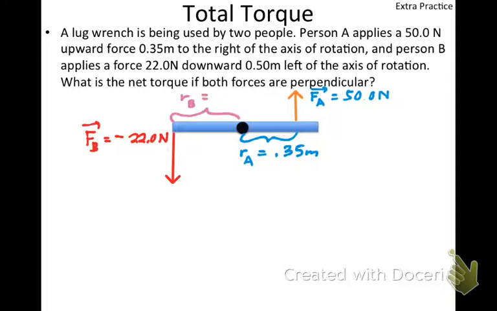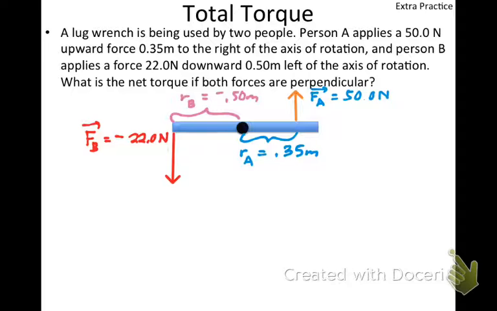If I want to apply it to the left, it's not only just 0.50 meters, it's going to be negative 0.50 meters. So this is the information we have, both forces and both radiuses.